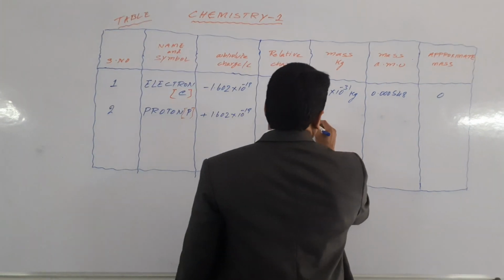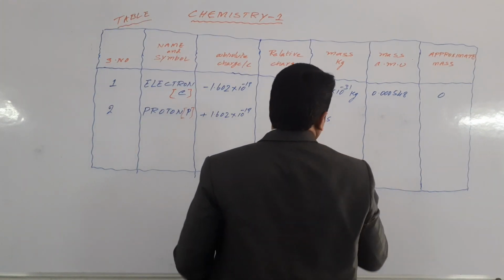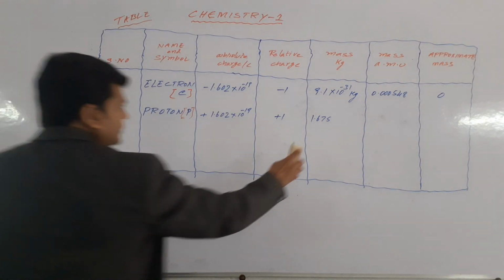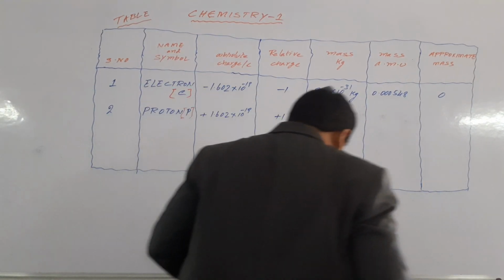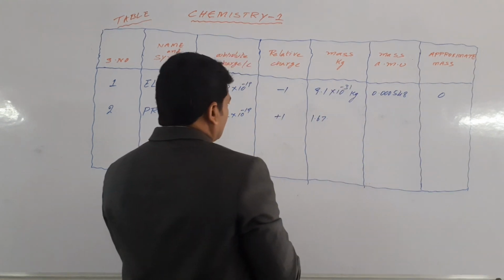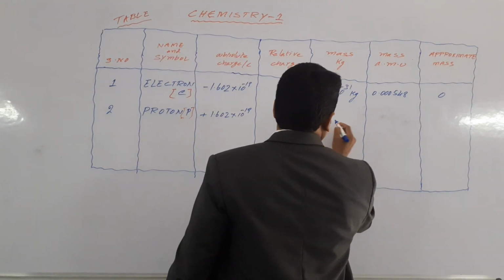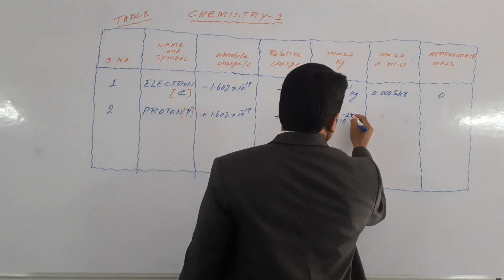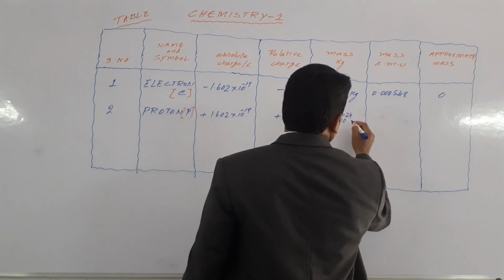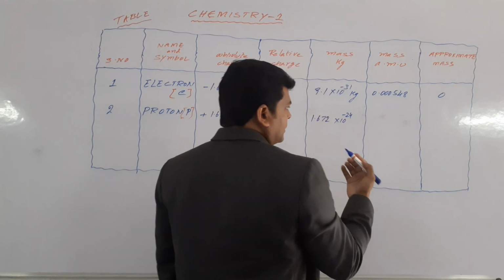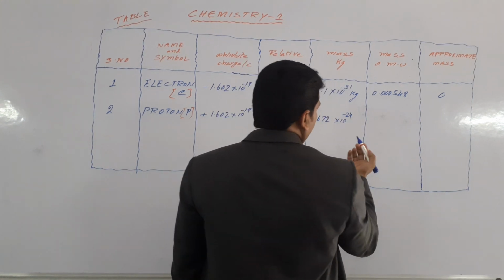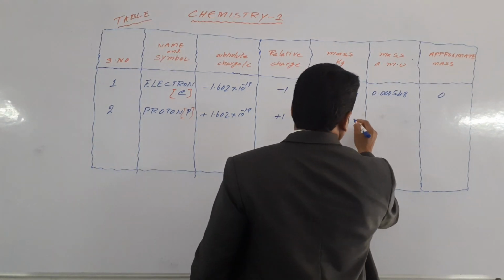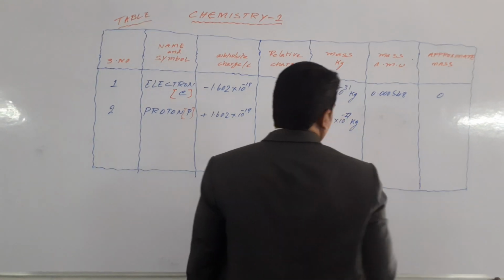Its mass is 1.672 into 10 power minus 24 grams and 10 power minus 27 kg.